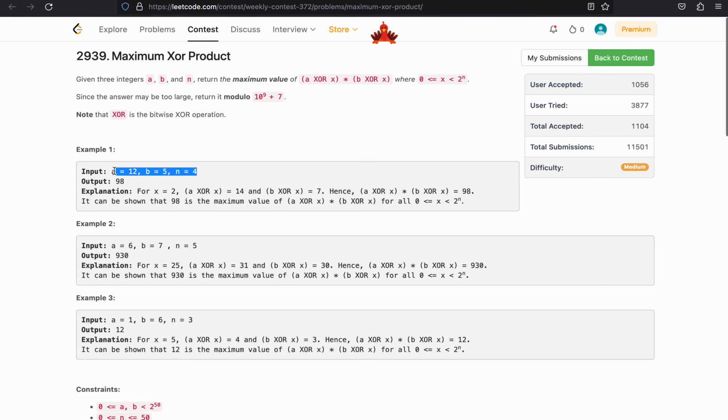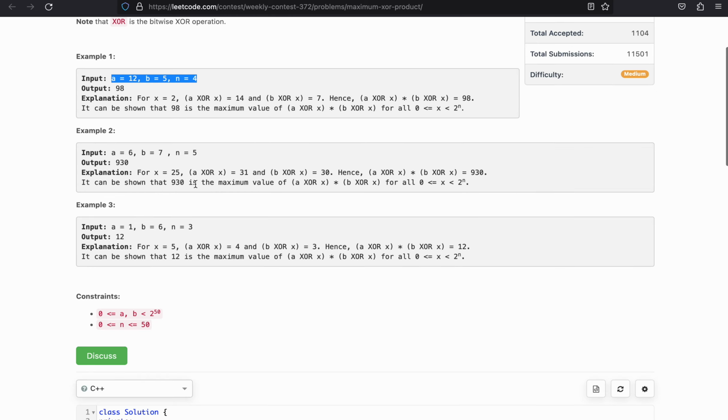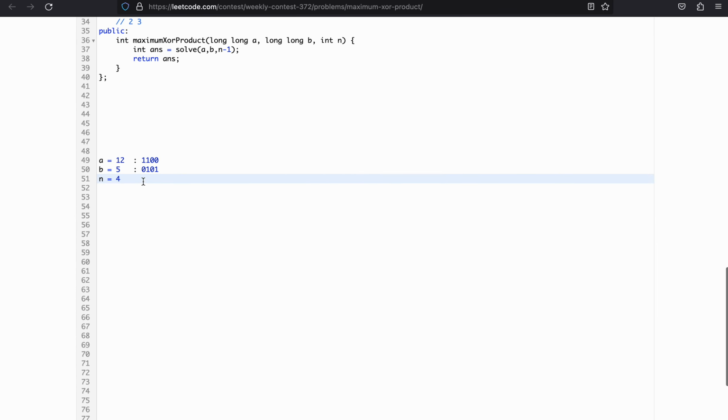So we take the XOR x up to the power n, so the maximum value of x should be 1111.